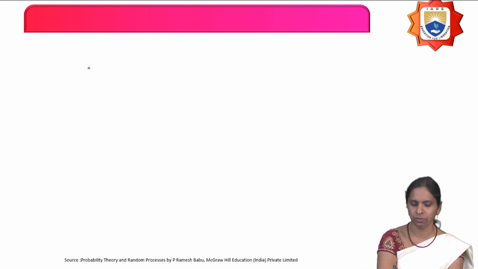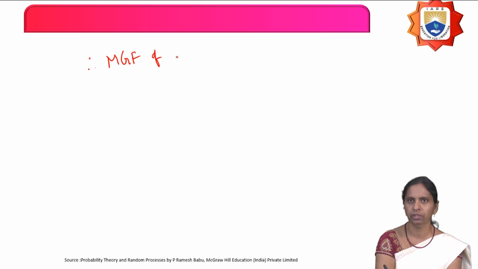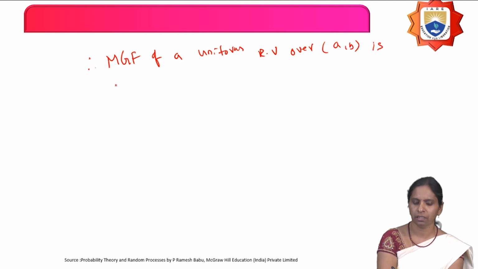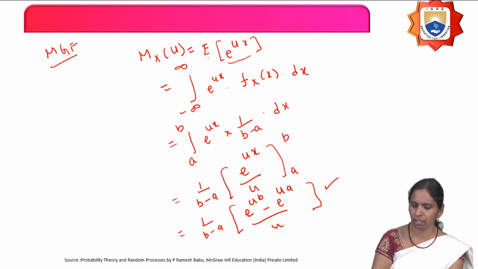Therefore, the moment generating function of a uniform random variable which has been defined over the interval a comma b is given by mx of u is equals to e power ub minus e power ua by u into b minus a. So what is the answer you got here?